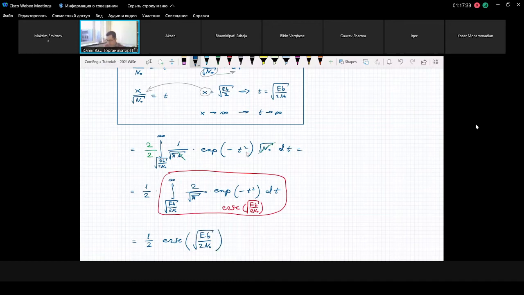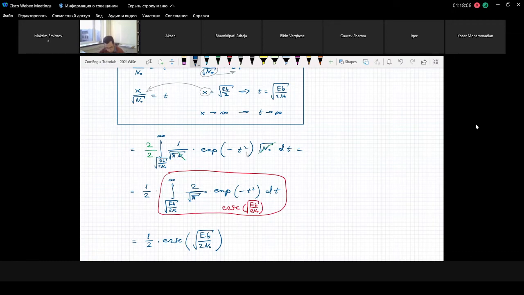So this is the resulting probability of bit error in terms of the average energy per bit and the variance of the noise. What was the question actually? Yeah, this was exactly the question.